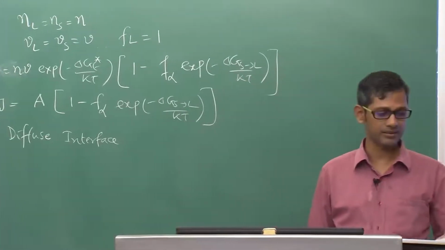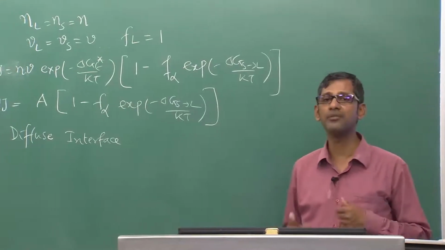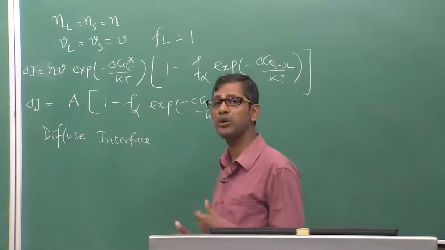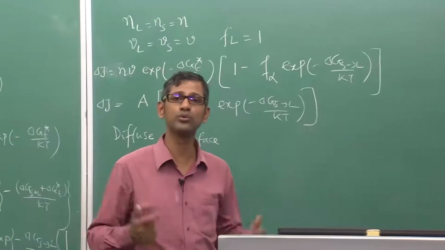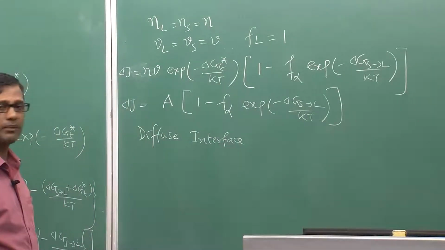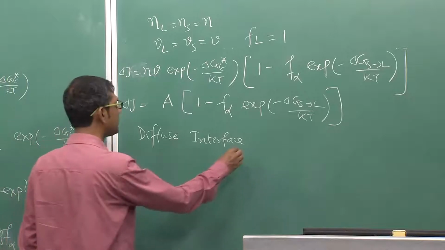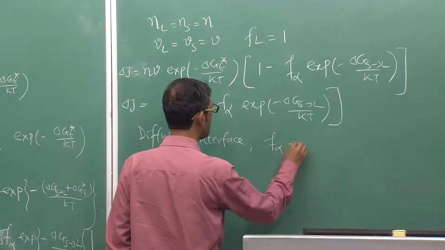Why is F alpha 1? Strictly it will not be exactly 1, but it will be very high, close to 1, because you have a large number of sites available for it to go and sit. So you can make these assumptions. For a diffuse interface F alpha can be 1.